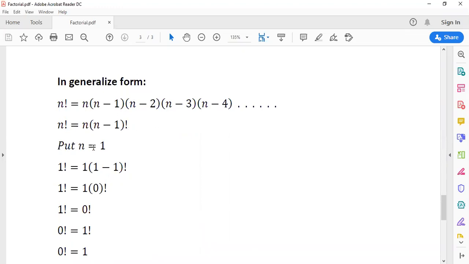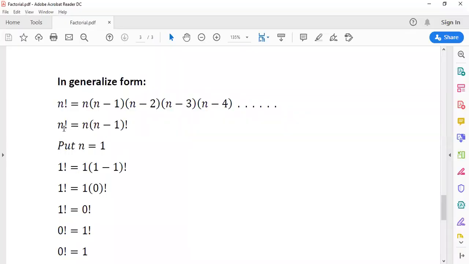Now we put n equal to 1. We put 1 in place of n, we get 1 factorial on the left side. On the right side, n is 1, and n minus 1 is 1 minus 1, which is 0.